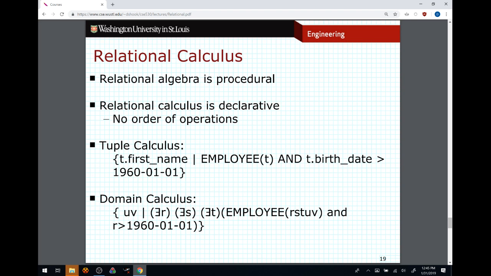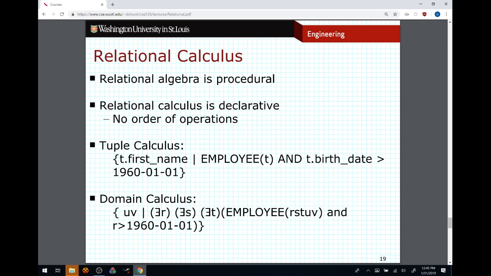SQL uses relational calculus for its queries that gets translated into relational algebra. And so when I say no order of operations here, what I really mean is that it's not apparent from reading a query what the order of operations are. Most people would assume that this is the first thing, this is the second thing, this is the third thing, and that's not true. That's not how it's actually operated on.